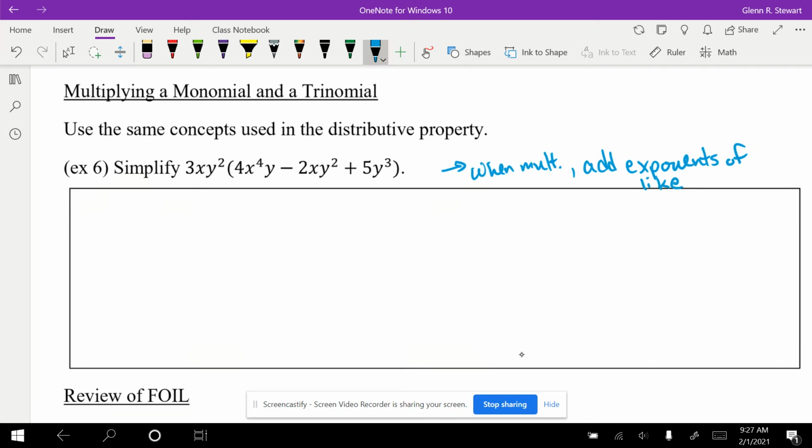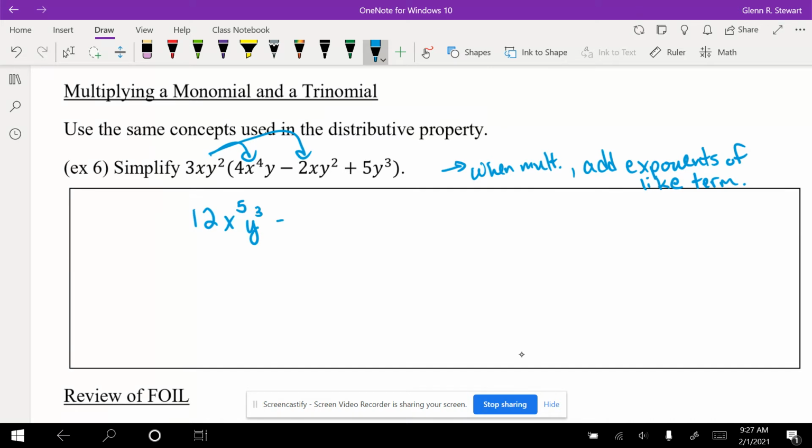We've kind of went over this before, but sometimes it just doesn't stick. For instance, on this first one, when I distribute, 3 times 4 is 12. And then I have an x of 1 and an x of 4, so I now have x of 5. Okay, we're adding the exponents. Y of 2 and y of 1 become y cubed.